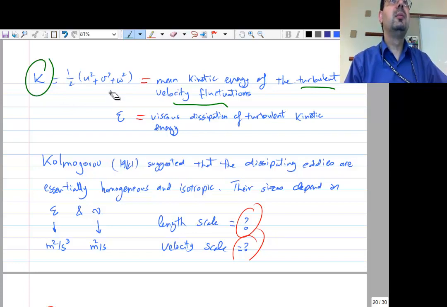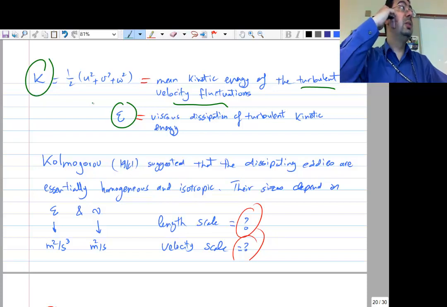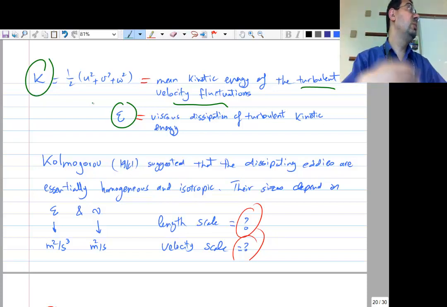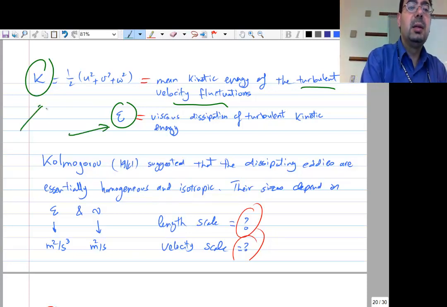And there is something called epsilon, which is how quickly this turbulence dies. Maybe it dies because of the dissipation of the viscosity. The viscosity basically kills it. It doesn't want the flow to keep fluctuating like this. The equations that describe those two quantities are called the K-epsilon model.